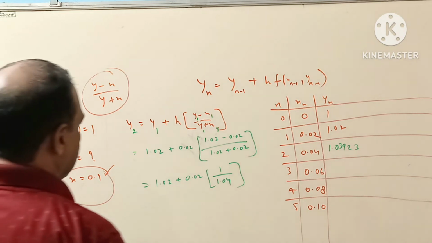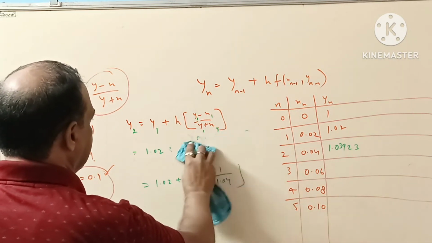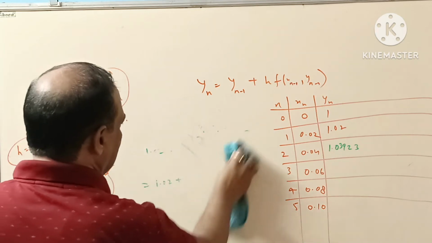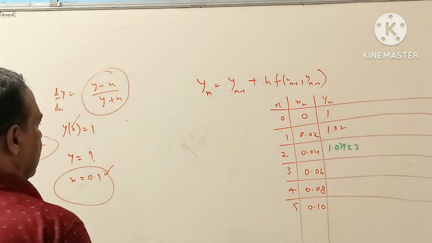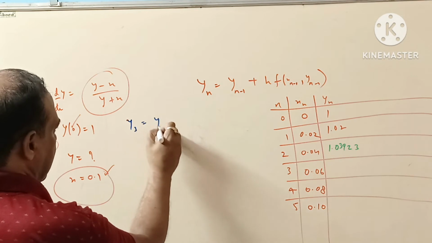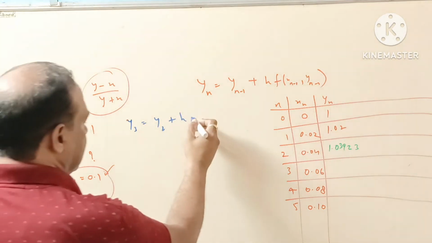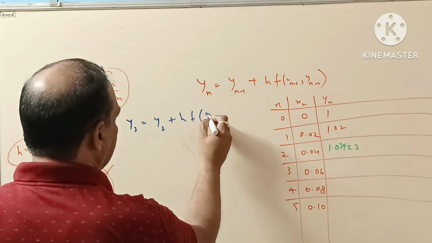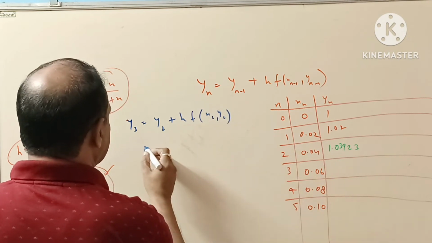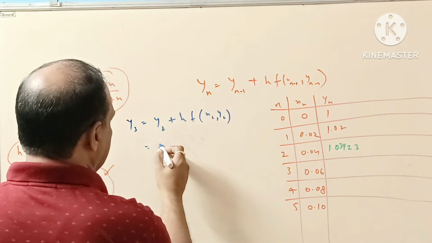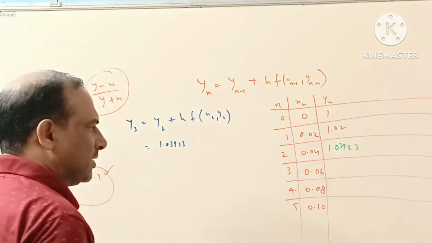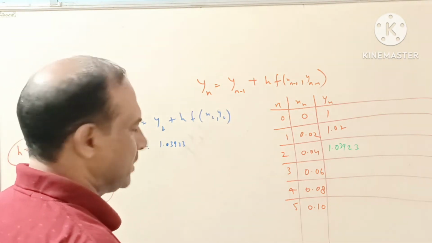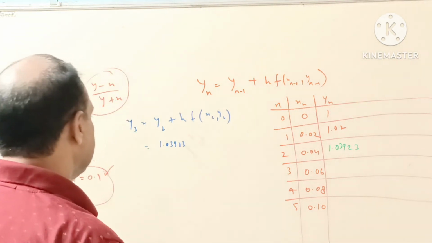Now, next thing is about the third step. Now again, things will be removed from here, and I'm just erasing all of the formula here. Now the third thing is, I have to find out the value for y3. Now here y3 is equal to y2 plus h times f(x2, y2). Therefore y2 I can write as 1.03923, and we are taking such a lengthy number so as to go much closer to the exact answer.